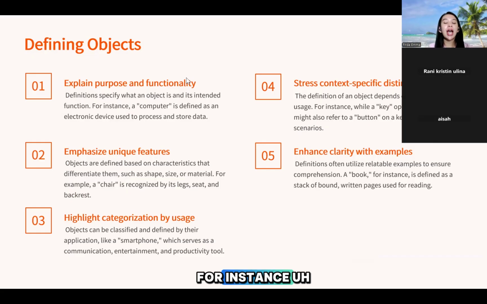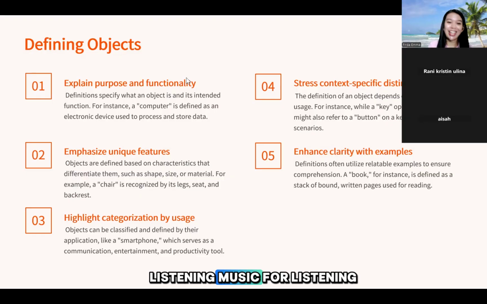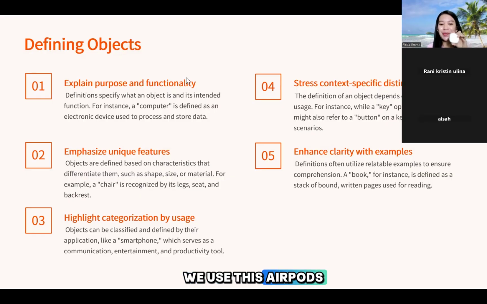For instance, a book is defined as a stack of bound written pages used for reading. When we talk about a book, we know that a book is for reading, right? Not for listening to music. For listening to music, we use these earbuds.